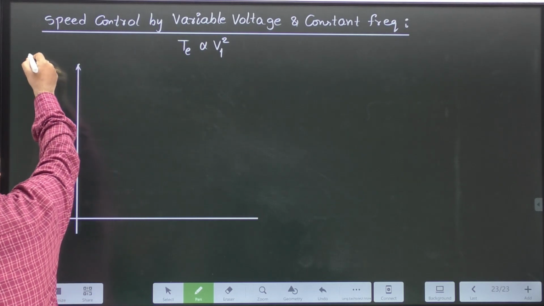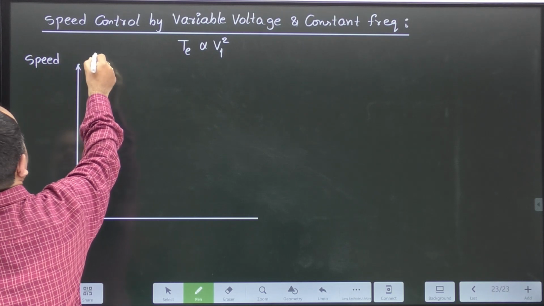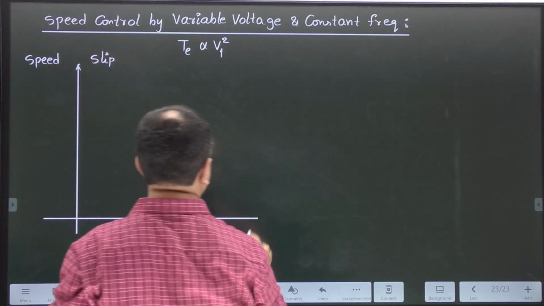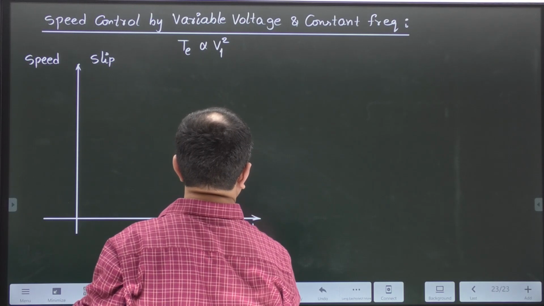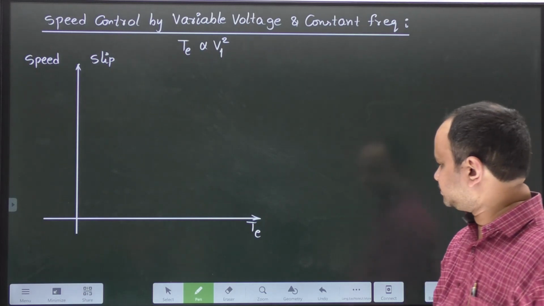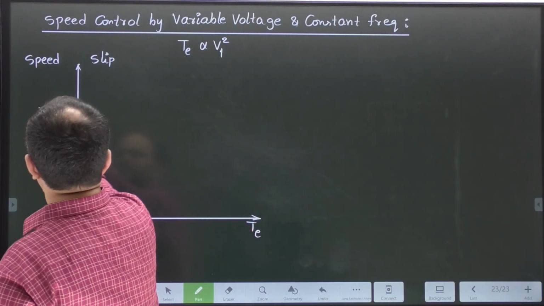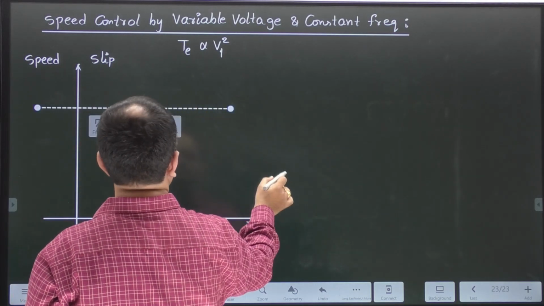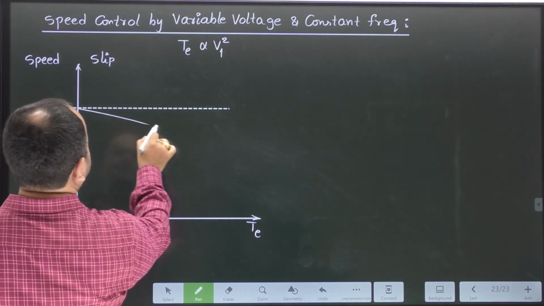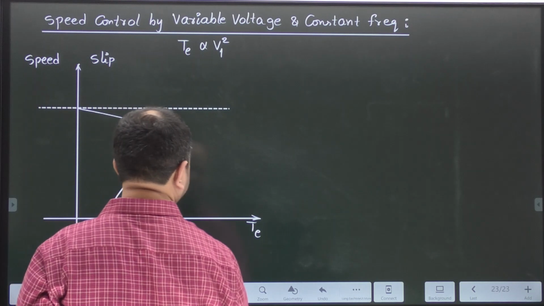Now, just like earlier, I can take speed or slip on the y-axis, torque on the x-axis. Therefore, at rated voltage, this is how we will have the characteristics.